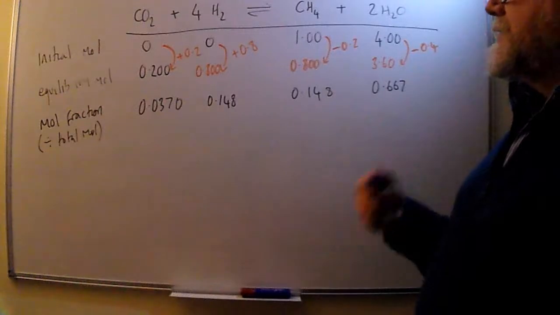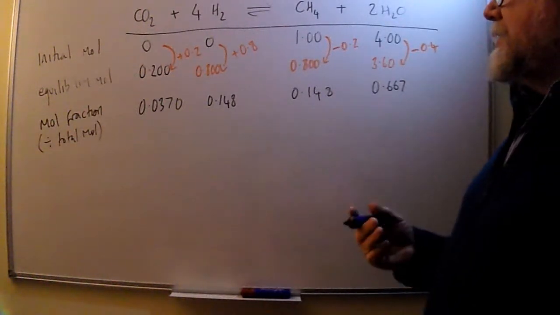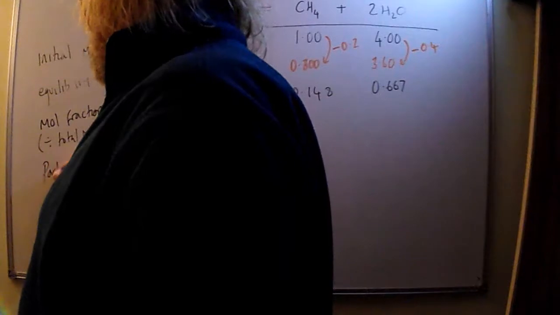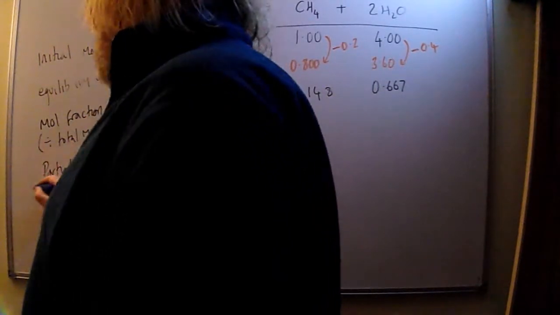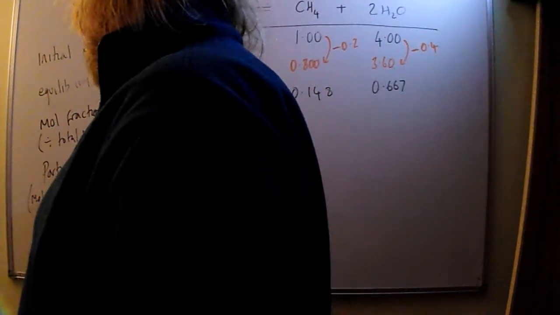Once you've got the mole fractions, the next step is to calculate what the partial pressure of each substance is, the contribution to the total pressure that each one makes. So that's our next line, partial pressure, and that's equal to the mole fraction times the total pressure.